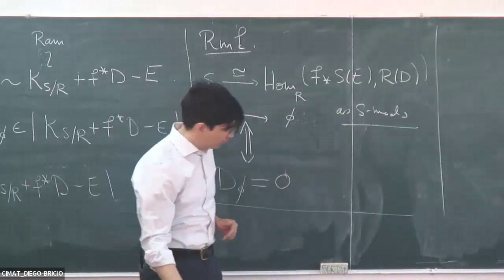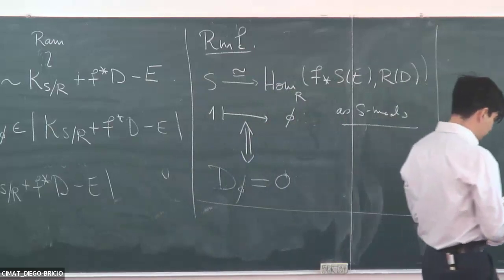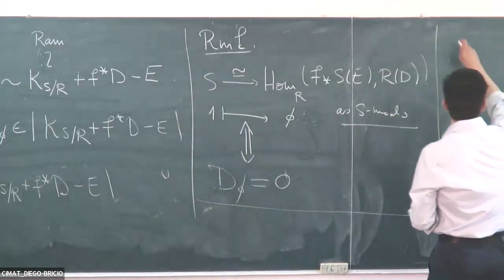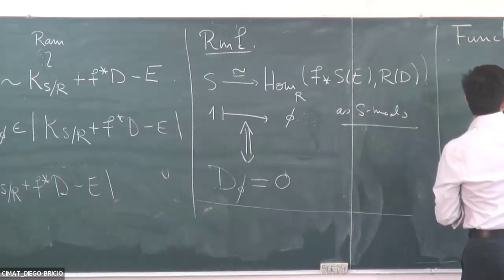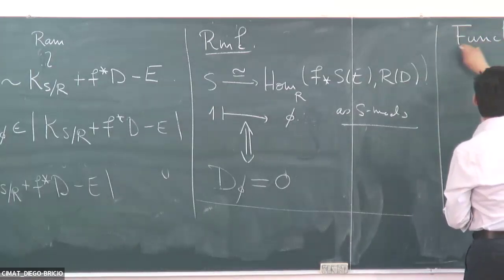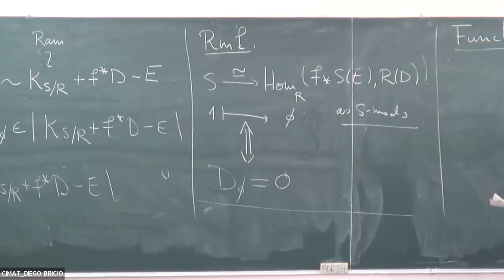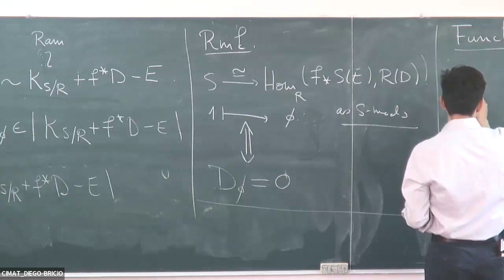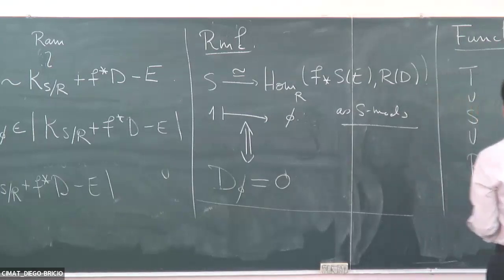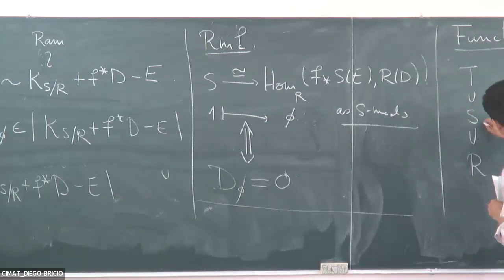So, moreover, I'm going to let you do as an exercise the functoriality of this. So suppose that you have a tower of maps, and let's say that on the spectra you have F, and over here you have G, let's say.